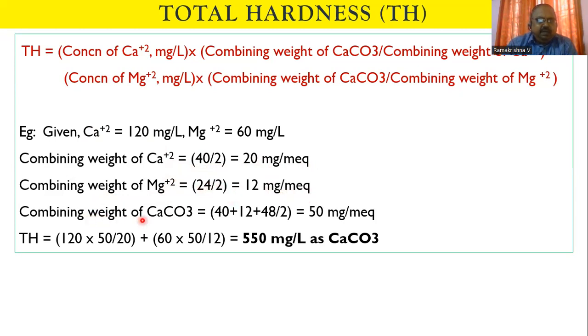So combining weight of calcium carbonate is equal to molecular weight of calcium carbonate divided by number of charges on Ca+2, CO3-2. So divided by 2, 50 milligram per milliequivalent. Applying in this formula, 120 into 50 by 20 plus 60 into 50 by 12, you are going to get 550 milligram per liter as CaCO3.